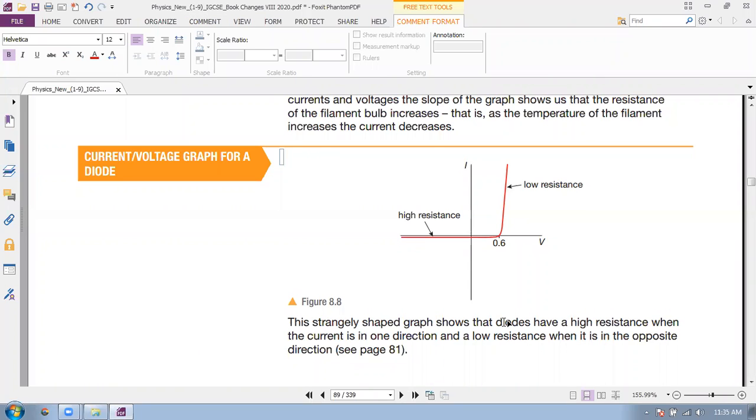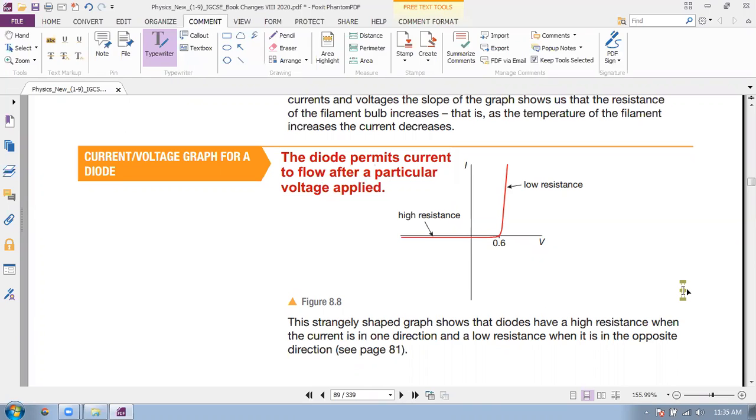This is the IV curve for a diode. The diode permits current to flow after a particular voltage is applied.